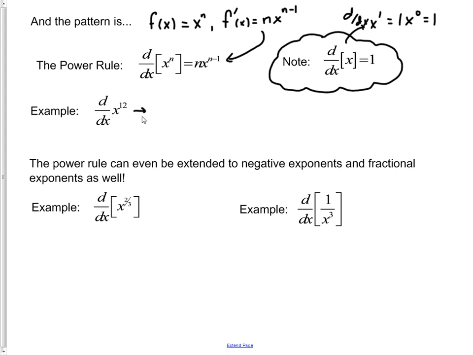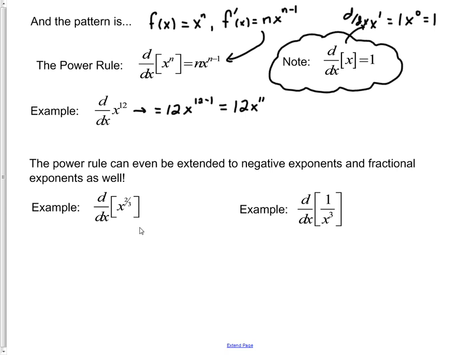So what should we get if we take the derivative with respect to x of something like x to the 12th? Absolutely. We should get 12 times x to the 12 minus 1 power, which we say 12 times x to the 11th. This is probably one of the simplest rules that we have, but a lot can happen with it.